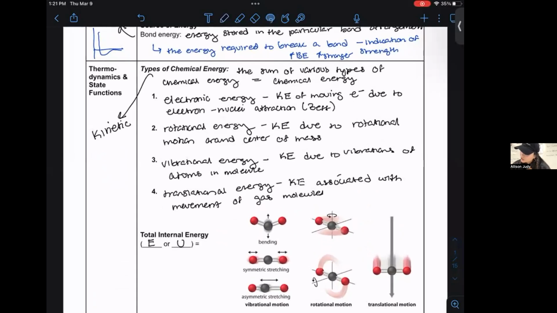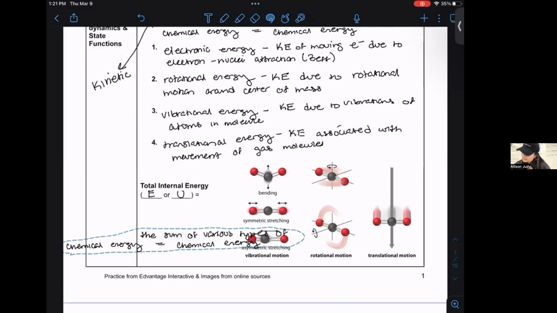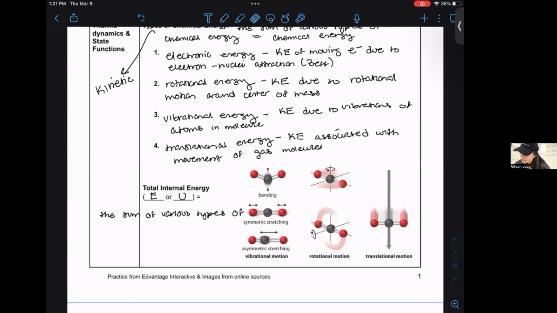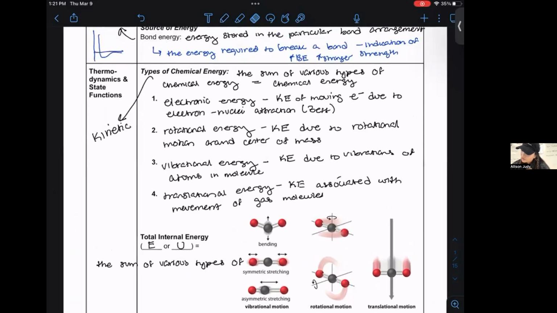I think I actually meant to write this definition down here. Nothing up there, just kinetic energy.